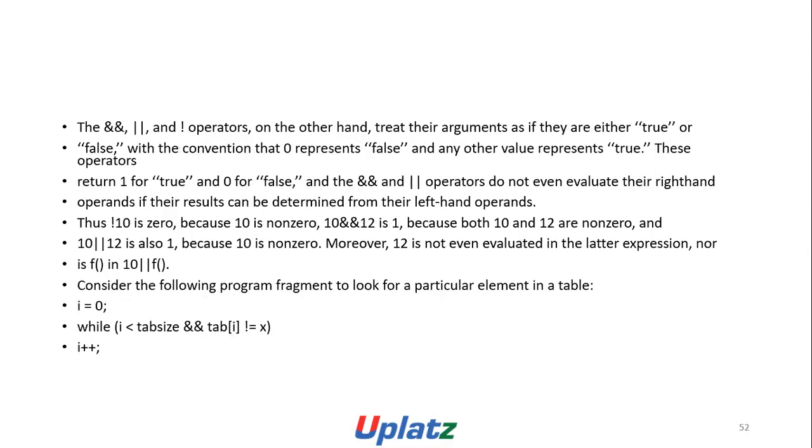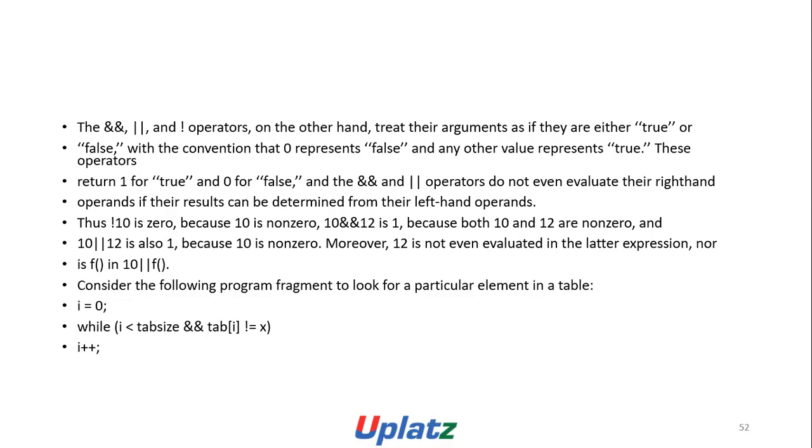The &&, ||, and ! operators, on the other hand, treat their arguments as if they are either true or false, with the convention that 0 represents false and any other value represents true. These operators return 1 for true and 0 for false, and the && and || operators do not even evaluate the right-hand operands if their results can be determined from the left-hand operands.